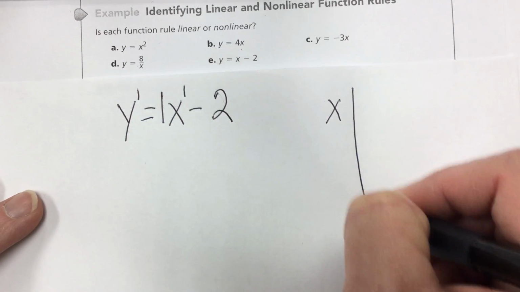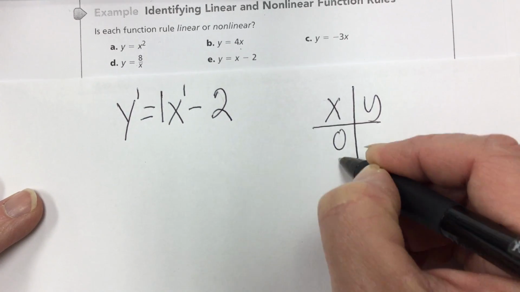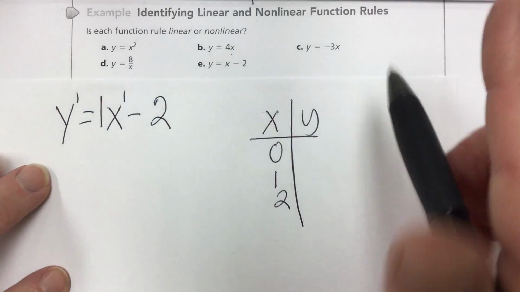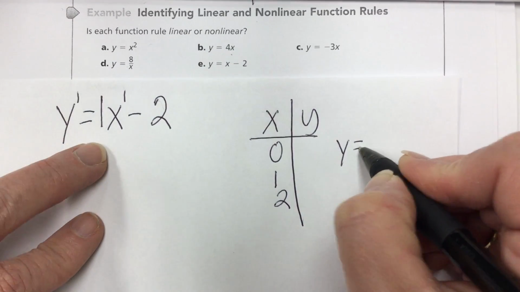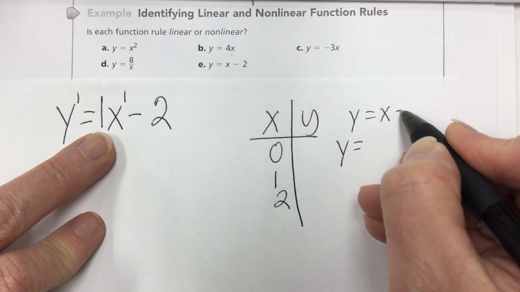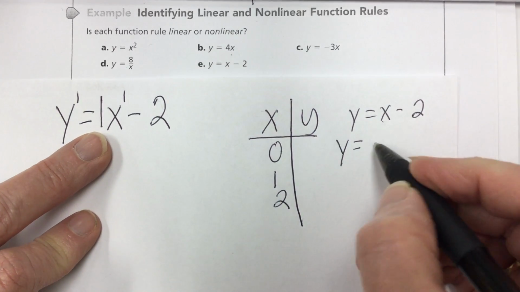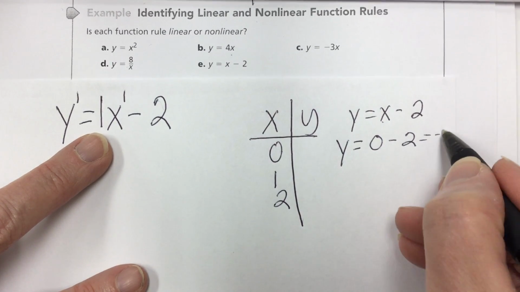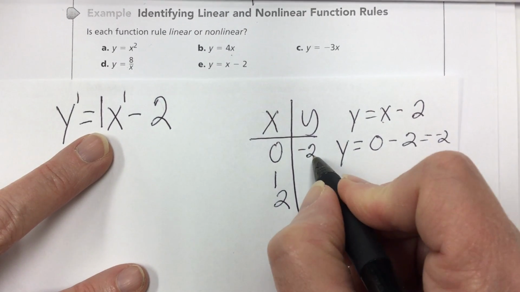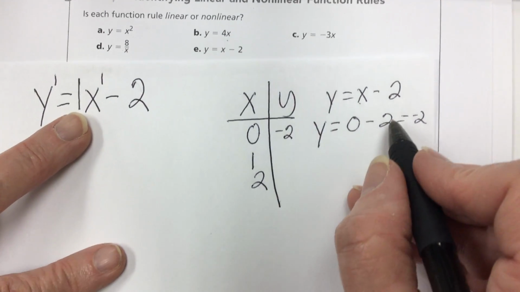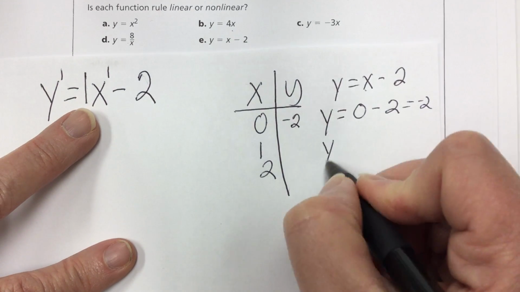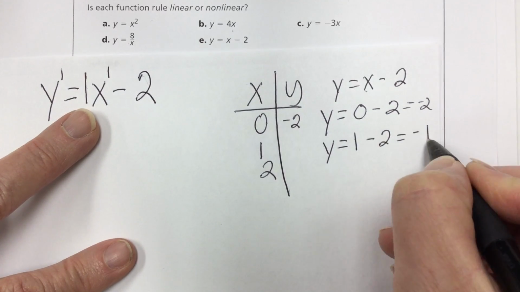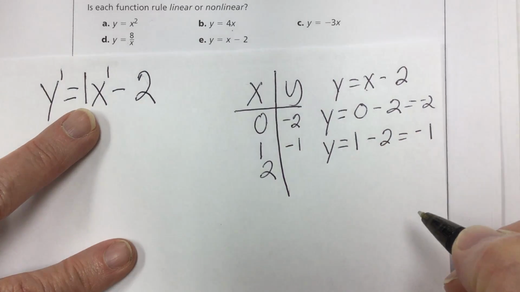We could use a table. We could pick 0, 1, and 2. We could plug those numbers in, into y equals x minus 2. If I plug in x is 0, 0 minus 2 would be -2, forming an ordered pair. I could plug in 1 for x, 1 minus 2 is -1, so there's another ordered pair.